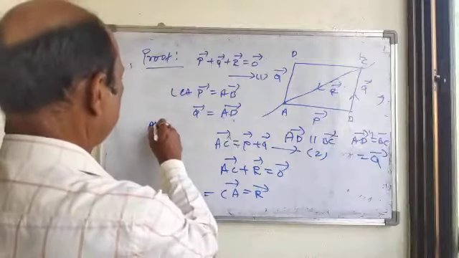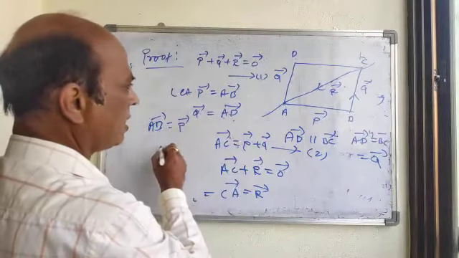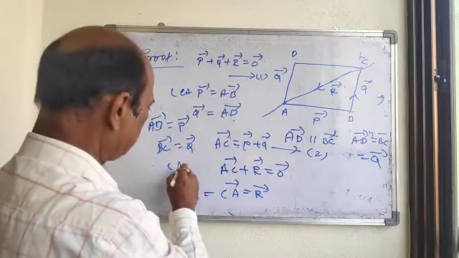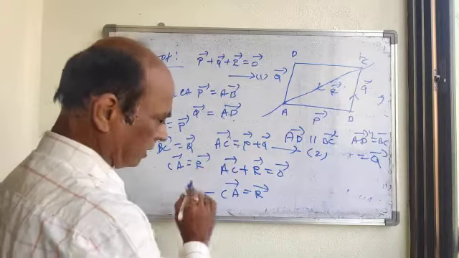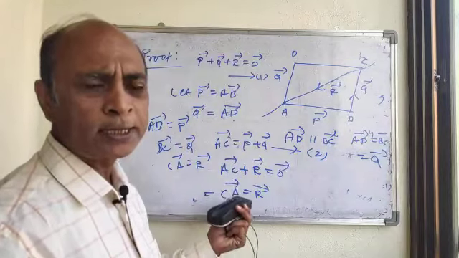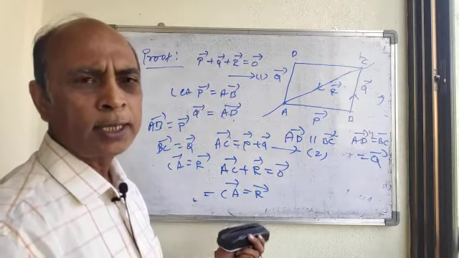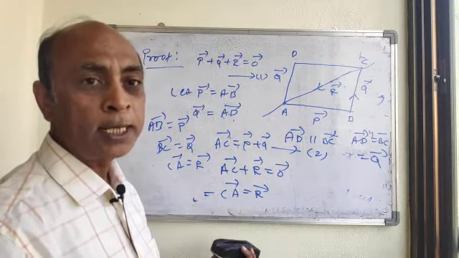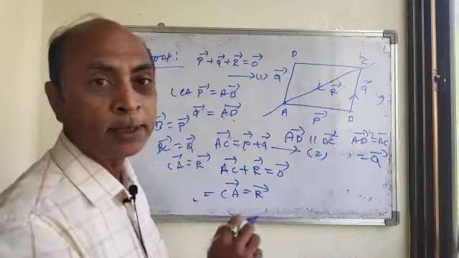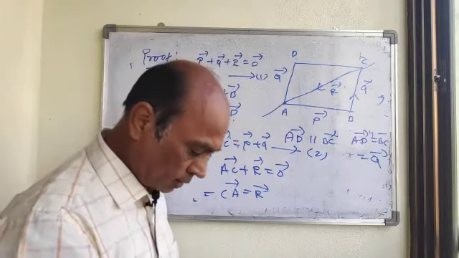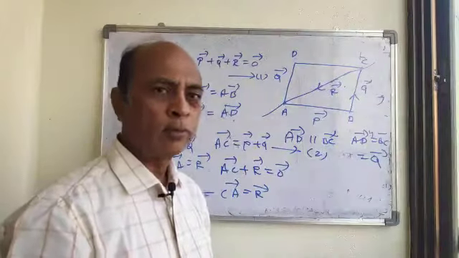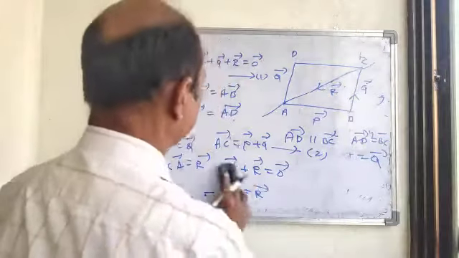So here AB bar is equal to P bar, BC bar is equal to Q bar, and CA bar is equal to R bar. It means it is proved that these three forces are represented in magnitude and direction by the sides of the triangle taken in order, that is AB bar, BC bar, CA bar taken in order. So this proves the converse of the triangle law of forces.